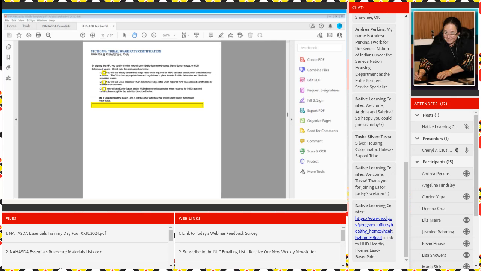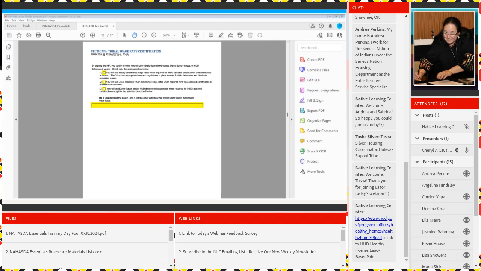By signing the IHP, you certify whether you will use tribally determined wages, Davis-Bacon wages, or HUD determined wages. Check only the applicable box below. You're going to use tribally determined wage rates when required for IHBG assisted construction and maintenance activities.